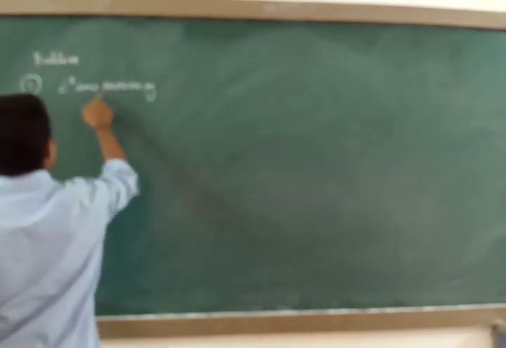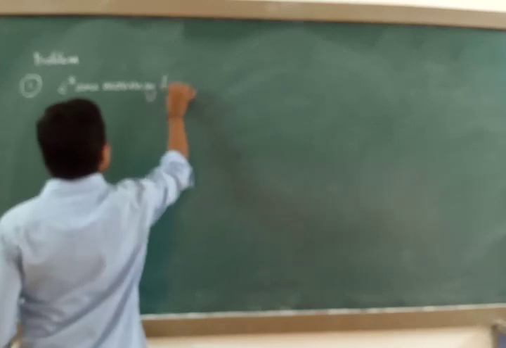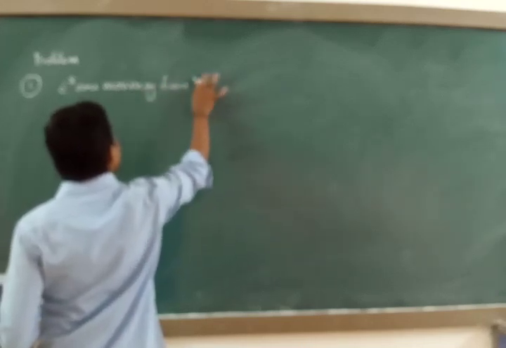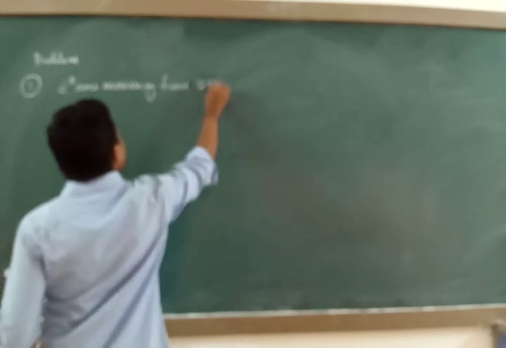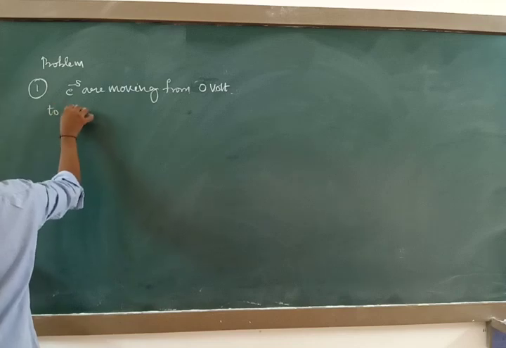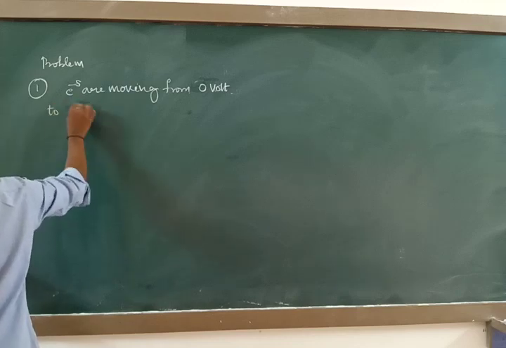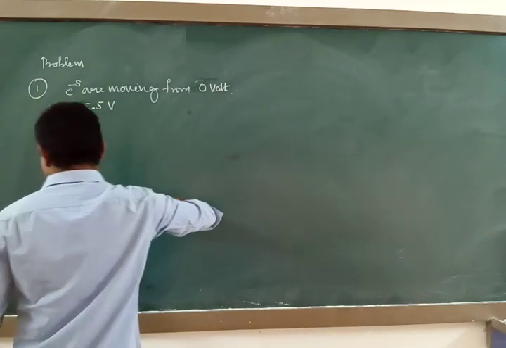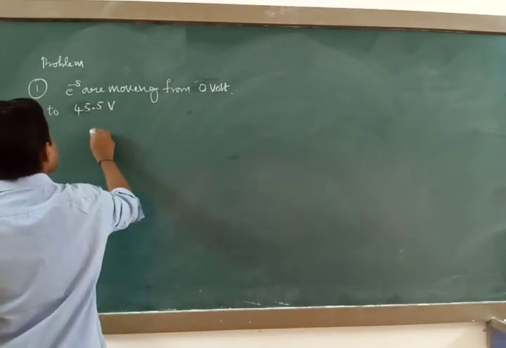Problem number 1. Electrons are moving from zero potential, so 0 volt, to 45.5 volt. Then calculate the velocity of the electron.